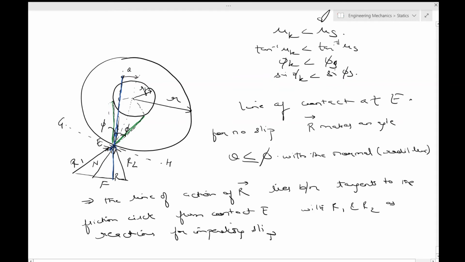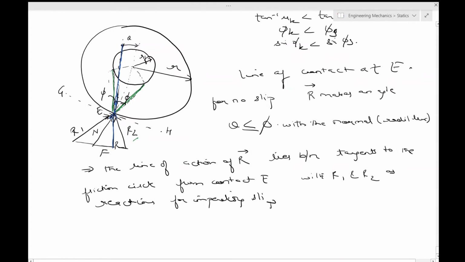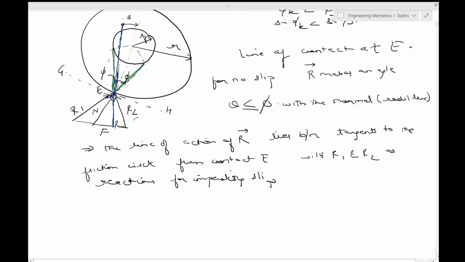If the green line was for the impending slip, then you would have a reaction force R1 in this direction, just like we have done. So it would be off by a distance RF, and similarly over here you would have an R2 by a distance RF on this side. So the reality in this particular case is that the R would be lying at an angle theta, which is between these two tangents.